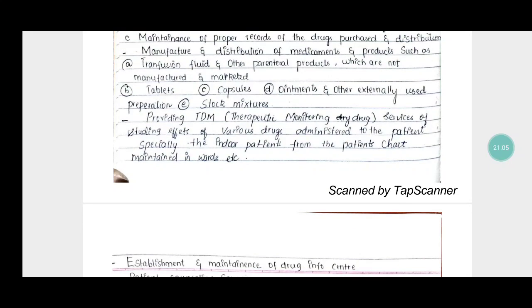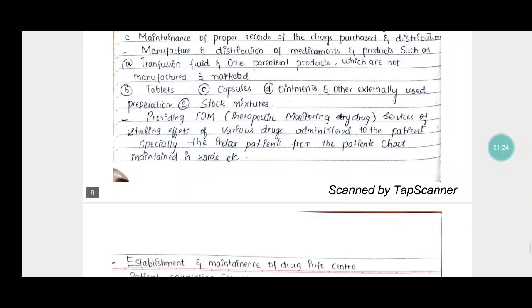Providing TDM, that is therapeutic drug monitoring services, studying the effect of the various drugs administered to the patients, especially indoor patients, from the patient chart which is maintained in the ward.